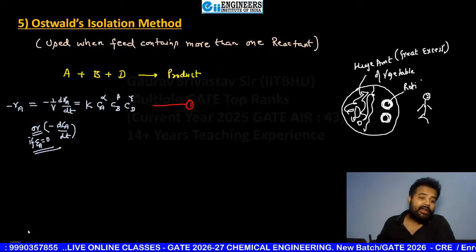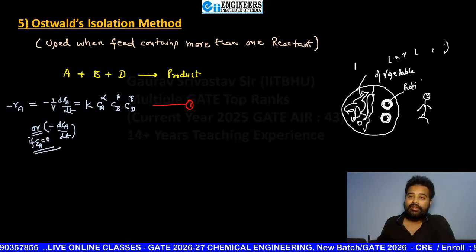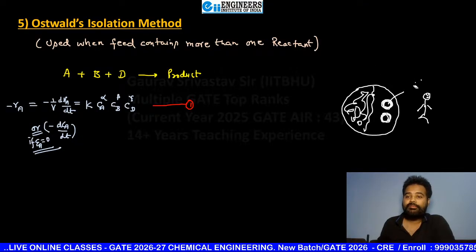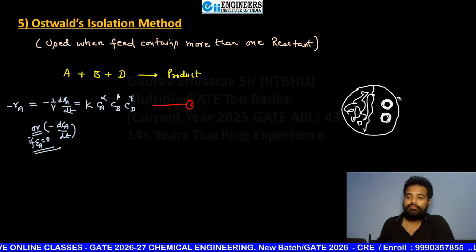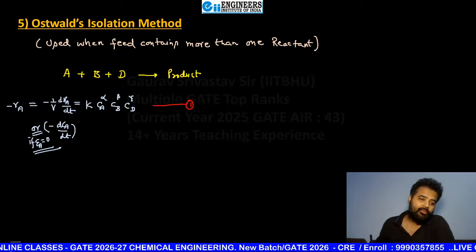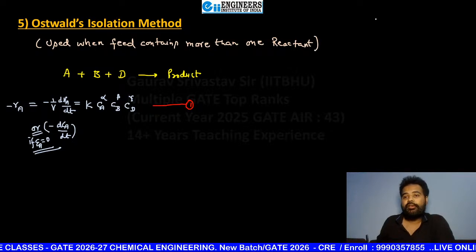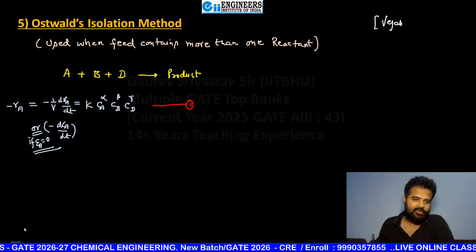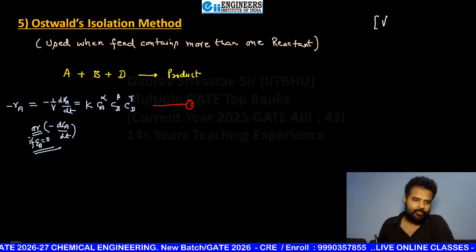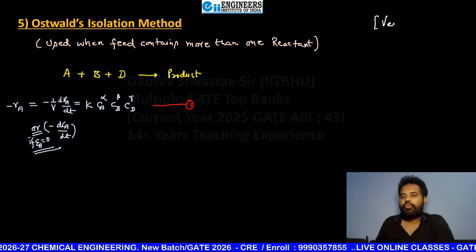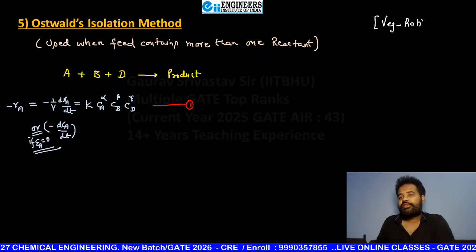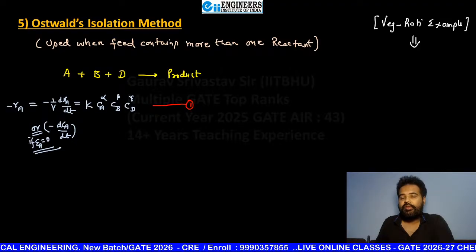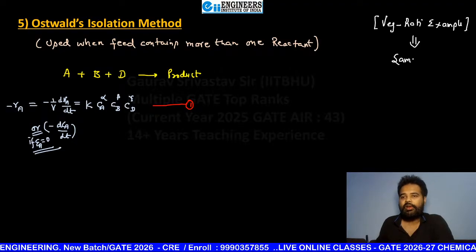The same thing is going to happen in the chemical reaction. If A, B and D are going to react with each other, just like you saw in the vegetable roti example, the same thing happens with your reaction.